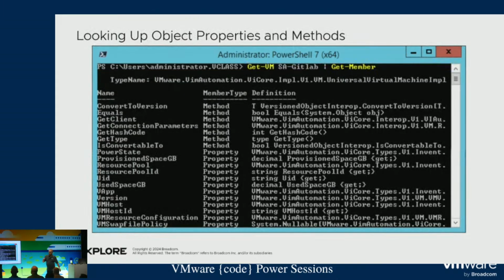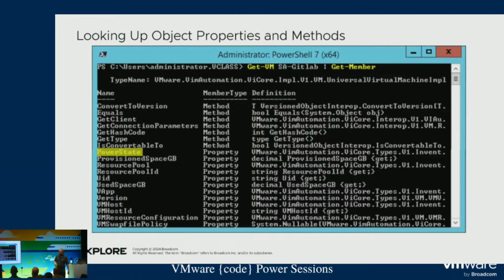A third and crucially important concept in PowerShell is how to look up properties and methods of objects. And that's what this Get-Member cmdlet does. If you have an object and you want to know what properties it has or what methods it has, you can just pipe the object to Get-Member, again, a PowerShell cmdlet, and it will provide you a detailed list of all the methods and all the properties of that object.